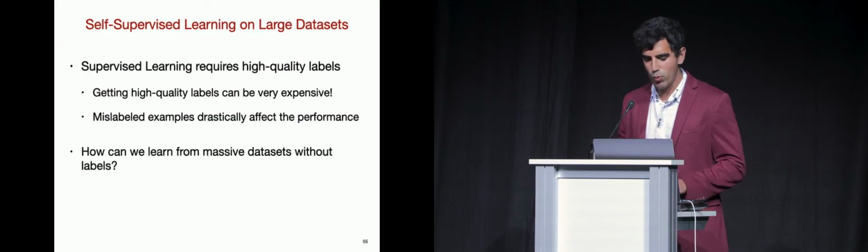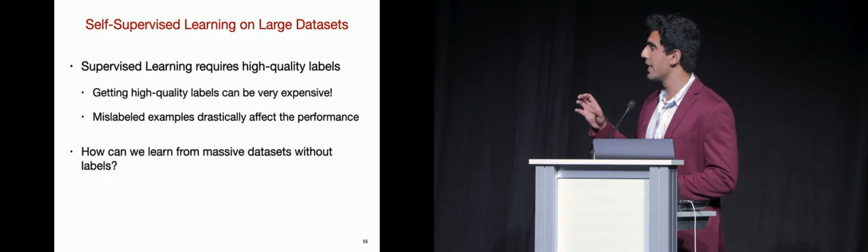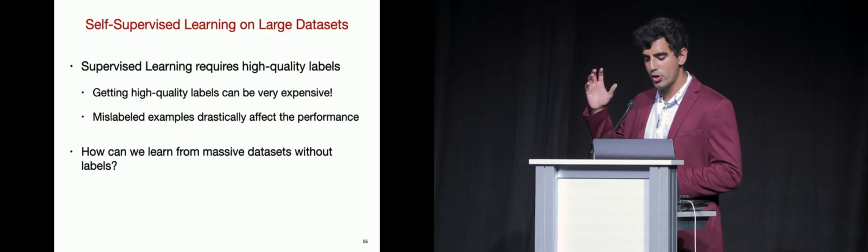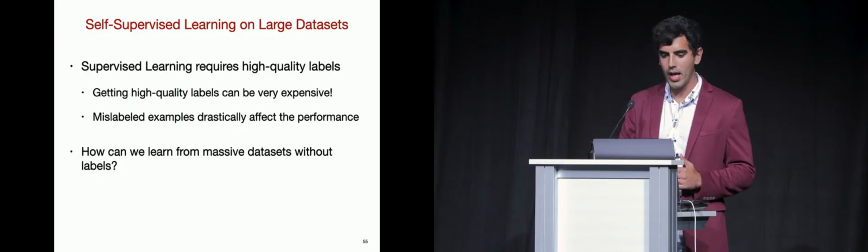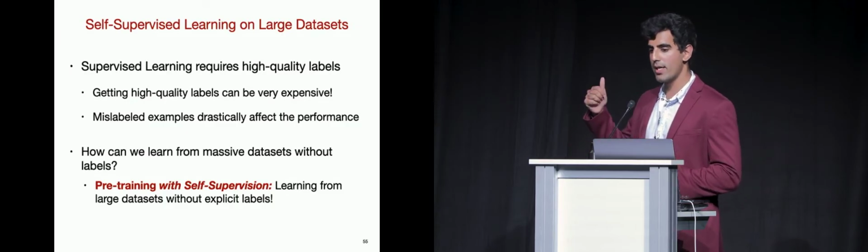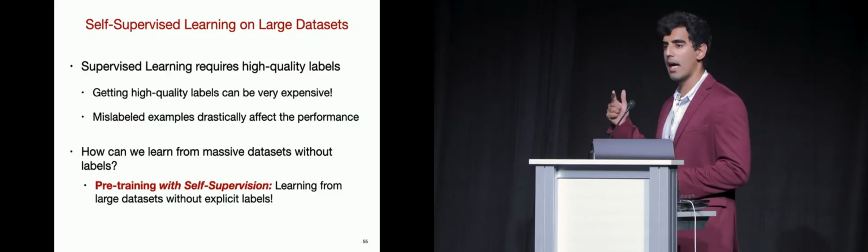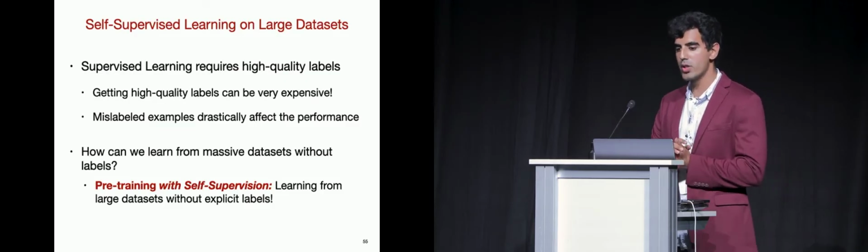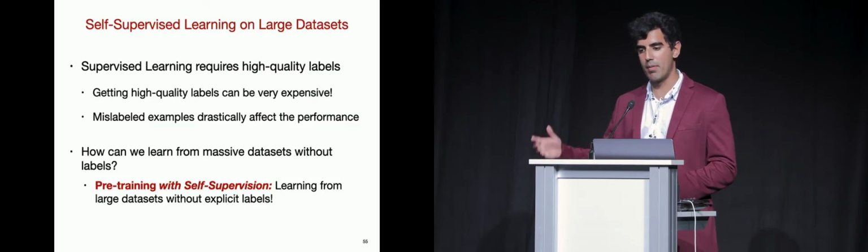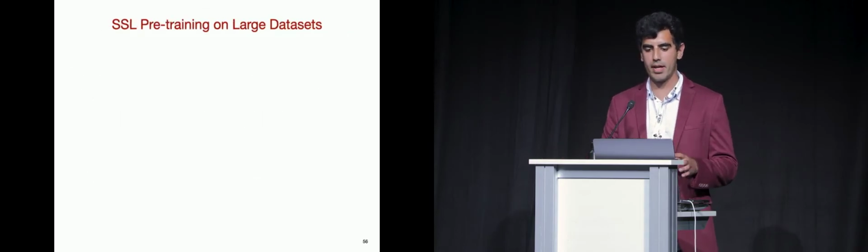So we've established how careful data selection can make training deep networks with supervised learning much more efficient. However, supervised learning requires high-quality labels, and getting these high-quality labels is extremely expensive. And also, if we have mislabeled examples, this can drastically affect our performance.